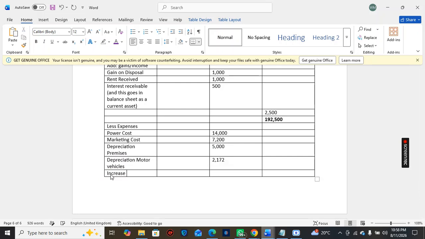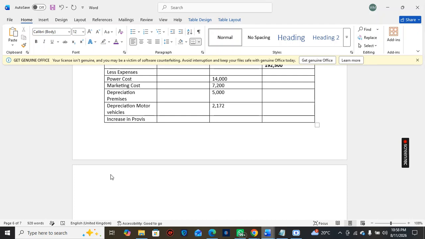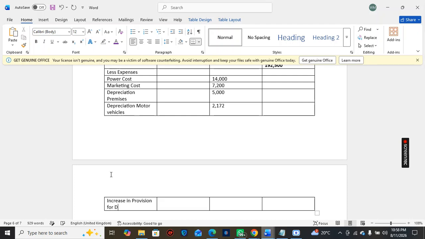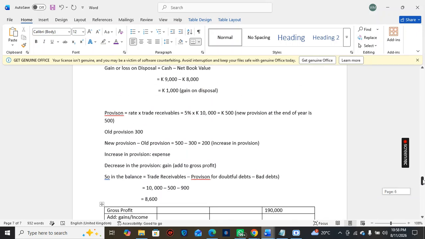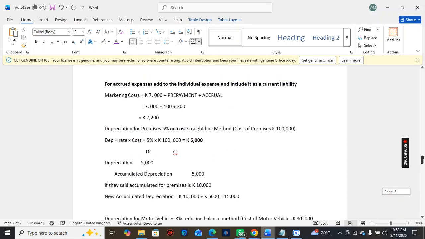Increase in provision for doubtful debts, we put the increase. Don't put that 500 which you calculated. It was the one which you deduct from the trade receivables. Just put in the increase. It increased by 200 kwacha. All right. And then let's see, I think those are all the expenses.